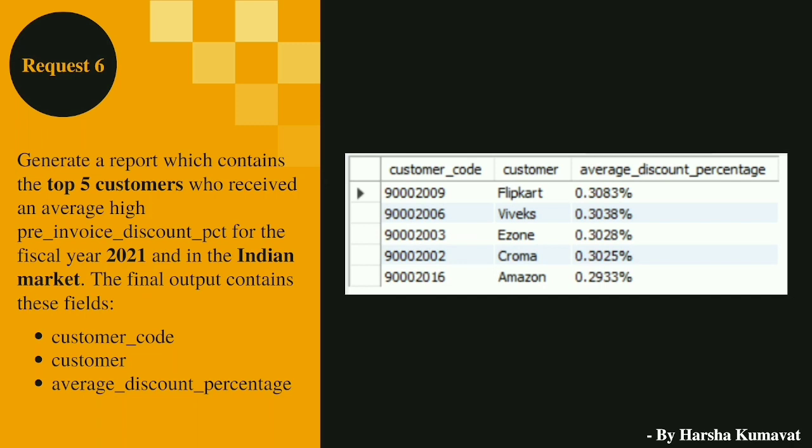In this particular request, we have to generate a report which contains the top 5 customers who received an average high pre-invoice discount percentage for the financial year 2021 and in the Indian market. So this is the output which we got after running the SQL query.